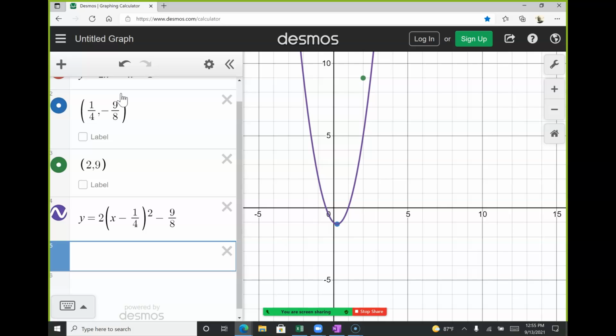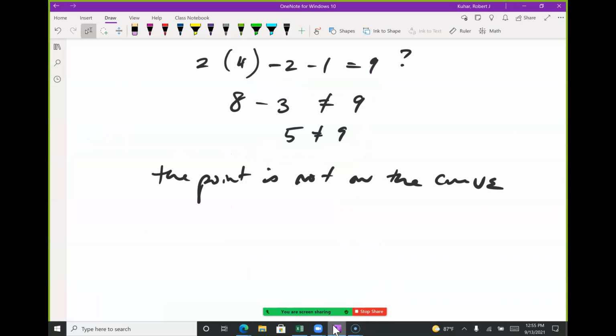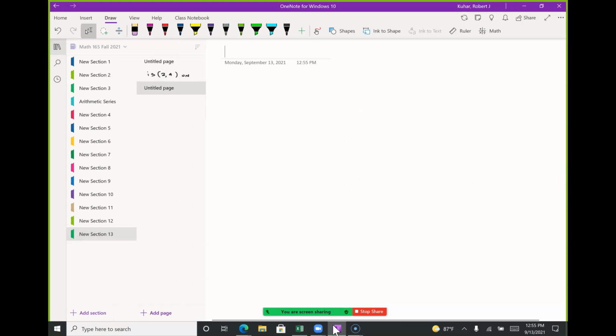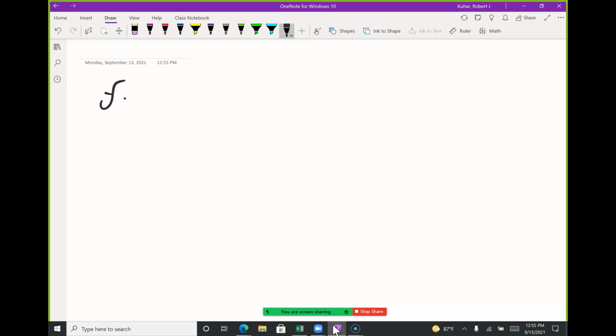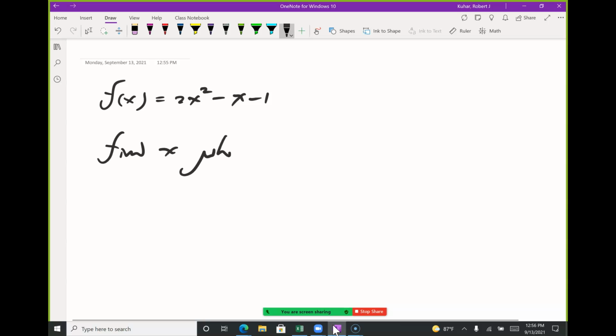What are the x values when f of x, when the y is -1, right? So f of x is 2x squared minus x minus 1. Find x when f of x is -1.